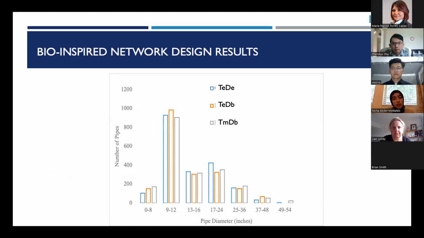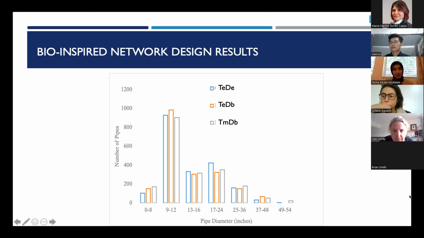The first thing we looked at to compare among the three networks are the pipe diameter distributions. The major observation that we made was that for the bio-inspired diameter networks, there are more pipes with diameters at the extreme, so more smaller and more larger diameters.